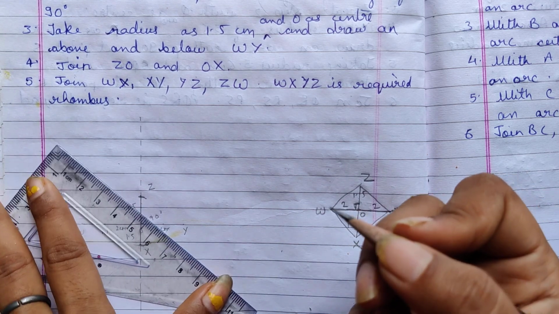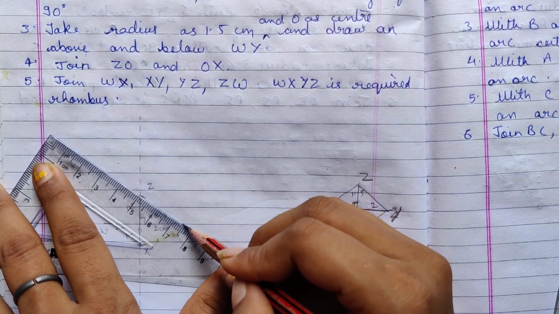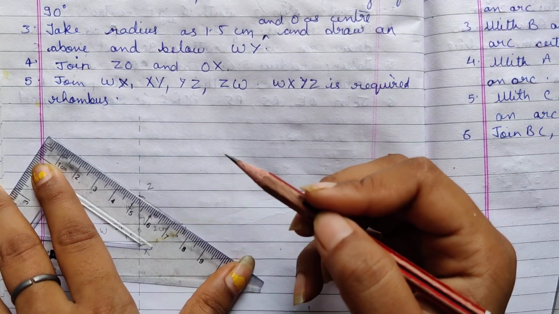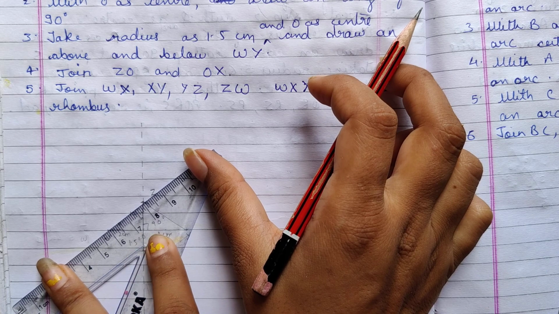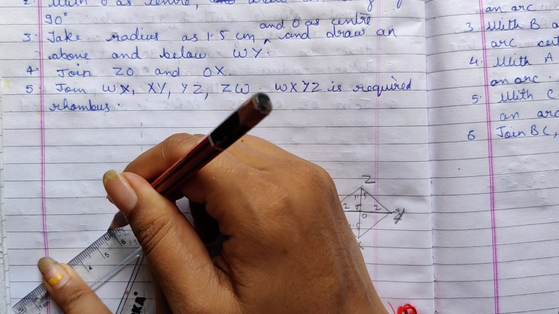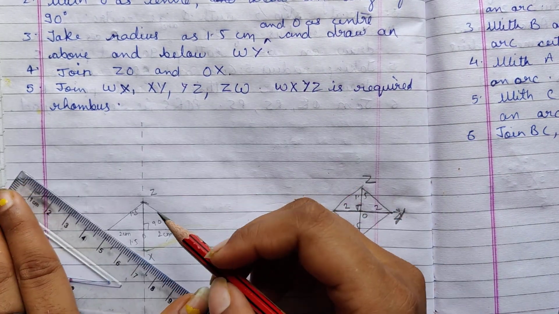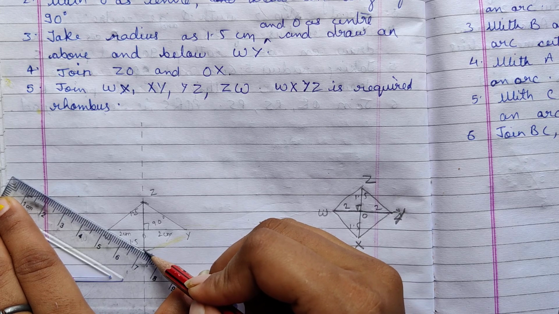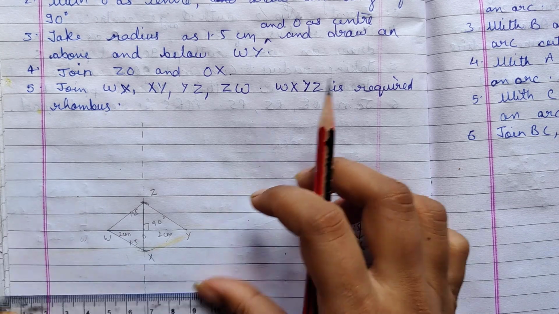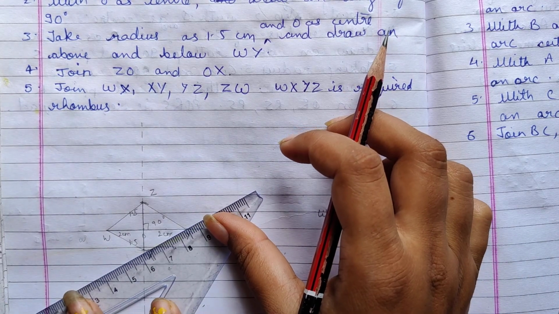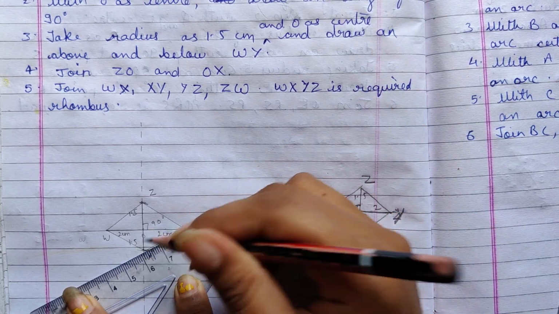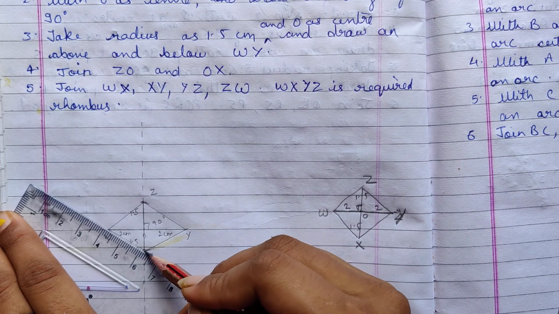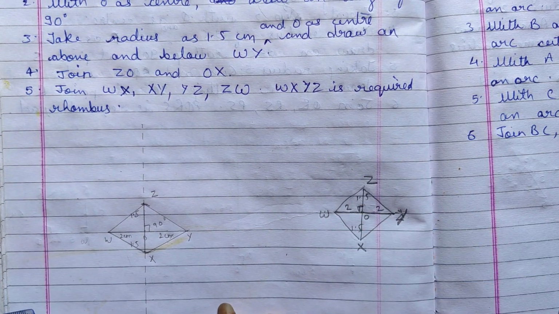Okay, and then join all the sides of the rhombus. Your rhombus is constructed. That's the required rhombus.